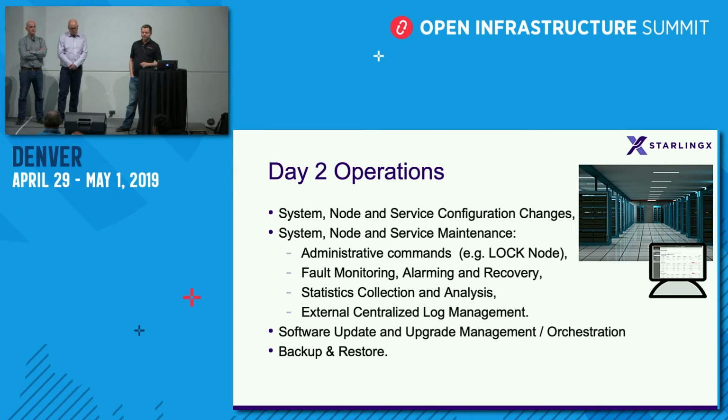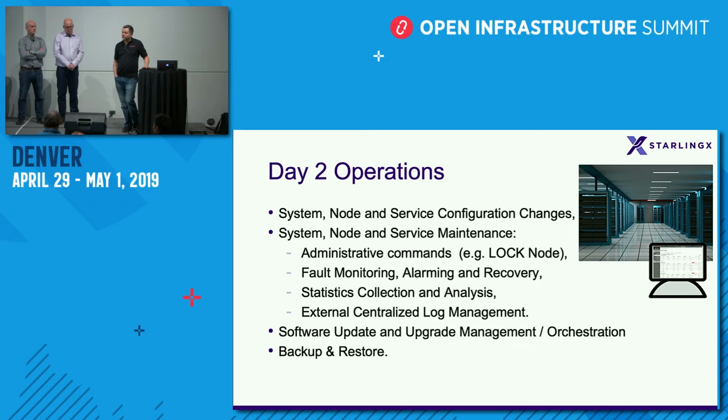We also provide software updates, so fixes to any layer of software from the kernel, StarlingX, Kubernetes to OpenStack services, as well as upgrades, which are transitions between major versions of software.